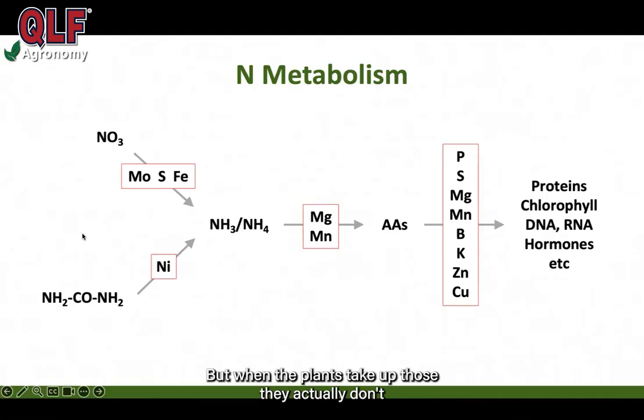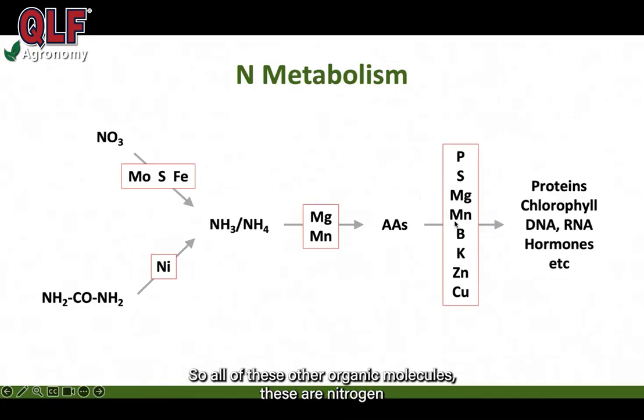But when the plants take up those, they actually don't necessarily want the nitrate per se. They don't want the urea per se. They don't necessarily want the ammonium per se. They're all just building blocks. They're sources of nitrogen, but the plants will expend energy to convert those sources of nitrogen into organic forms of nitrogen, so into amino acids, for example, and then stitch those amino acids together to form things like proteins, or they can be part of other molecules like chlorophyll, DNA, RNA, plant growth hormones, defense chemicals.